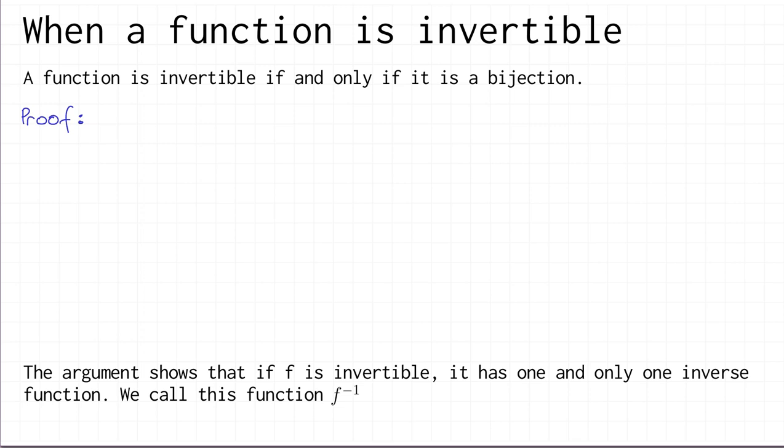Let's suppose that we have a function f from a set x to a set y, have a two-sided inverse g. So g is a function from y to x, and g composed with f is the identity on x, and f composed with g is the identity on y.